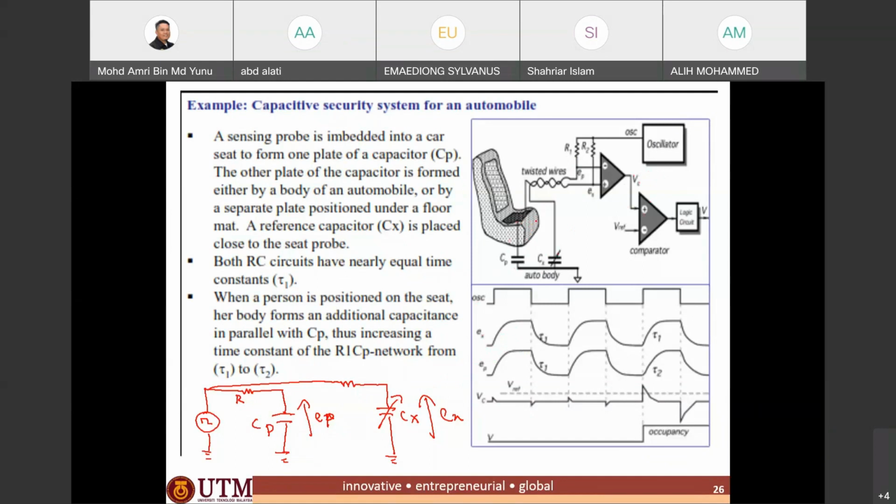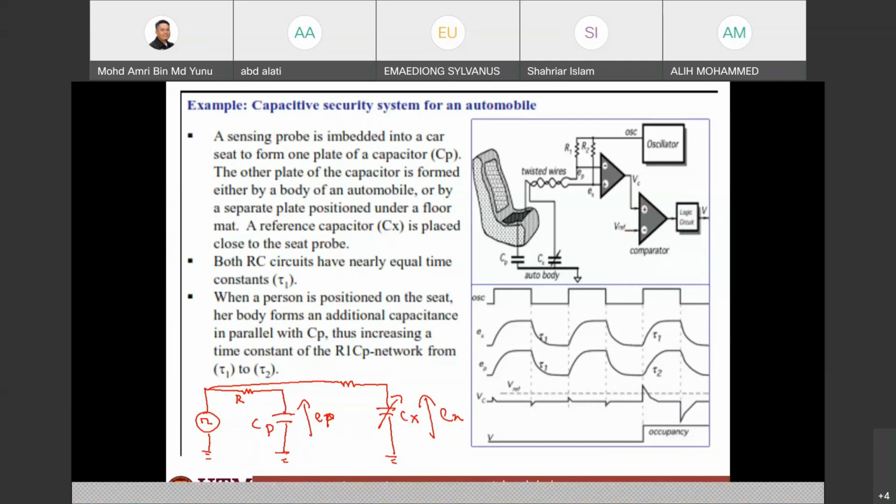And when there is an occupant, CP will change, and we will produce a small output pulse of VC, which will be compared to VREF. So we'll trigger the detection of the occupant. So this is one application used to convert the capacitance change into a voltage output.